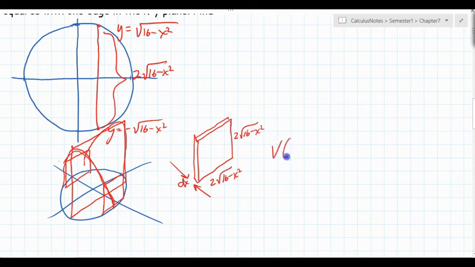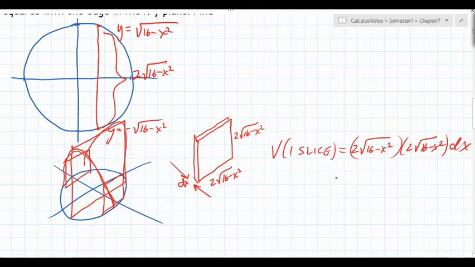And so the volume of one slice is equal to base times height times thickness, which you can simplify and just get 4 times 16 minus x squared dx, or 64 minus 4x squared dx.